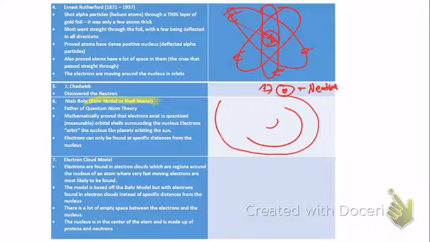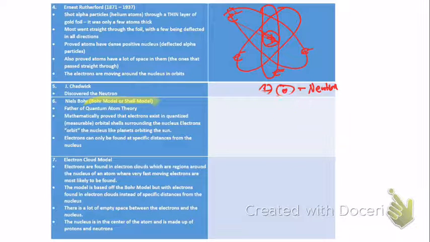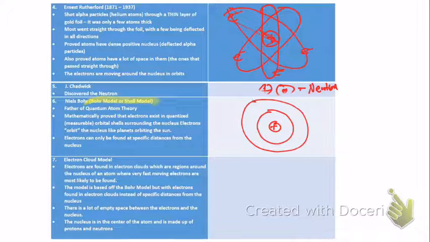Let me make it smaller. So positive charge, but we have electrons that are going to be found in specific orbits, kind of like planets. And so sometimes we call the Bohr model not only the shell model, but the planetary model, because it is thought of as electrons being in orbits that move around the nucleus.